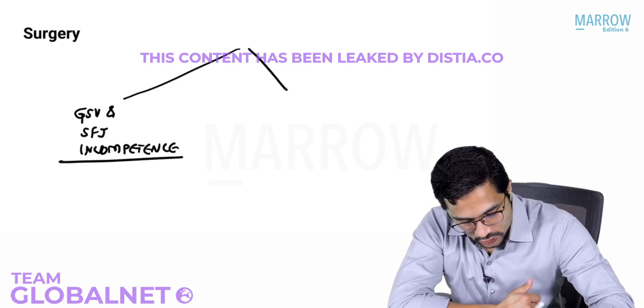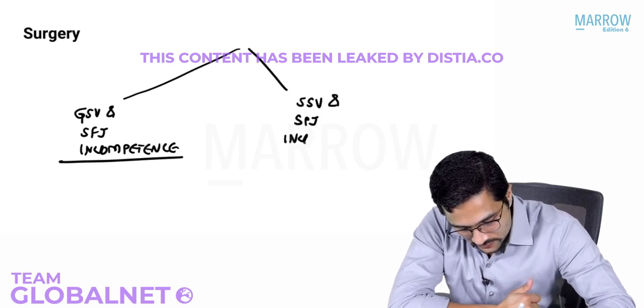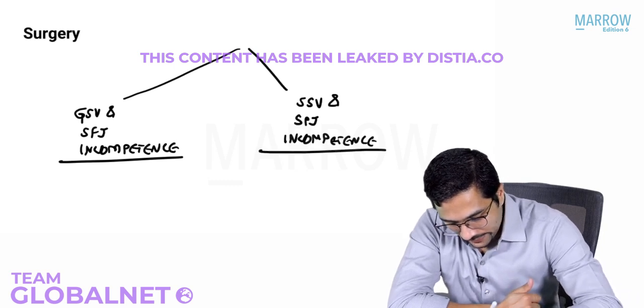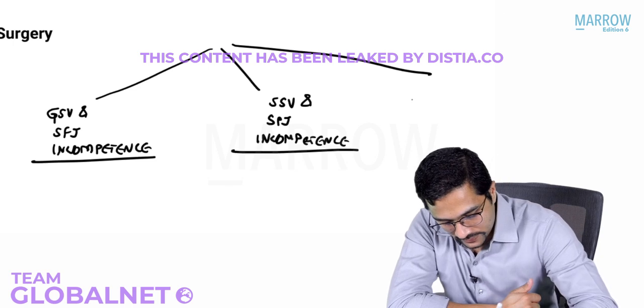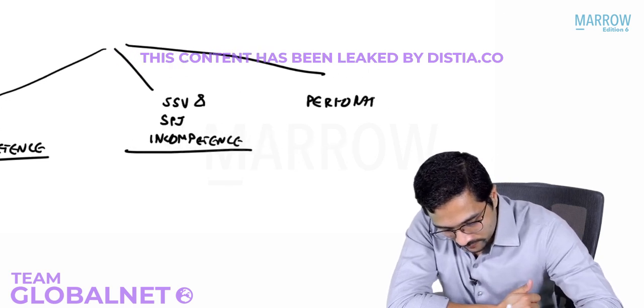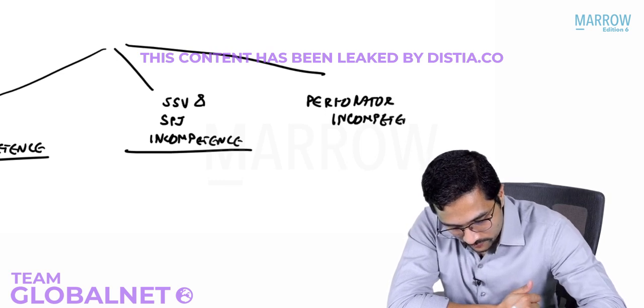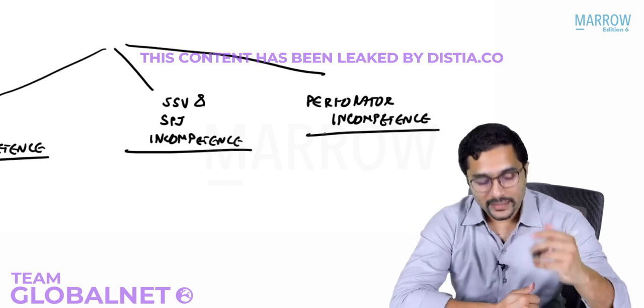We'll talk about short saphenous vein and SPJ incompetence. And we'll talk about perforator incompetence. So these are the three headings under which we need to talk about the various surgical methods which are there.